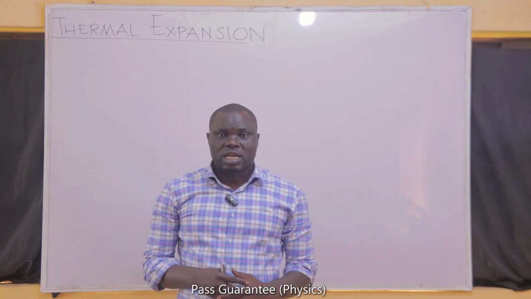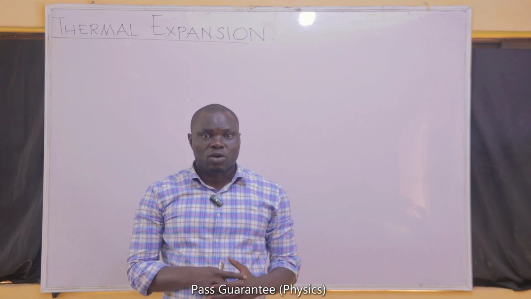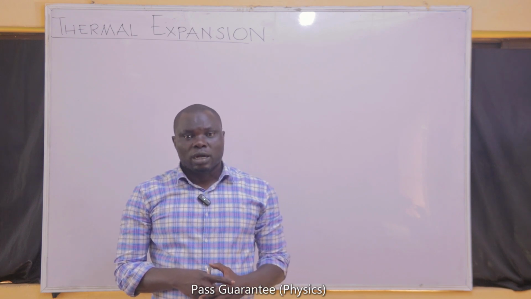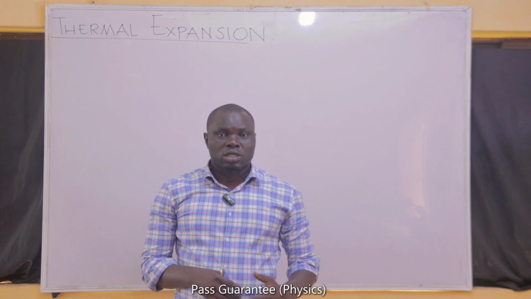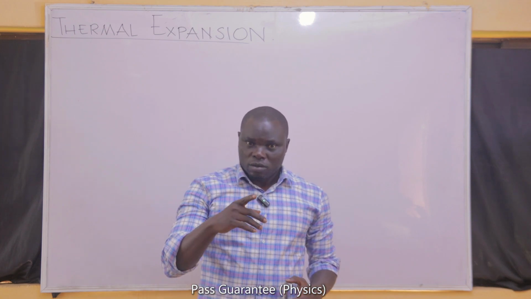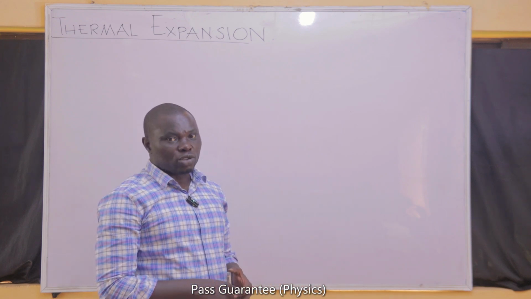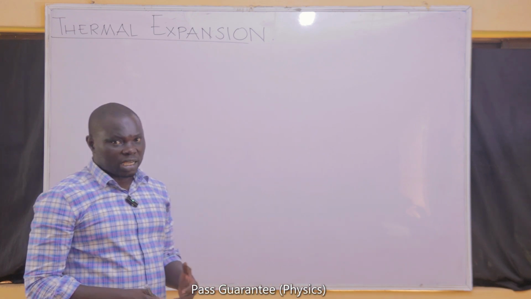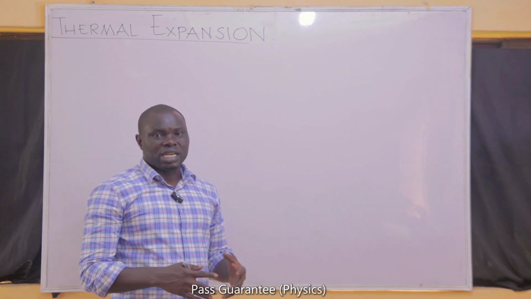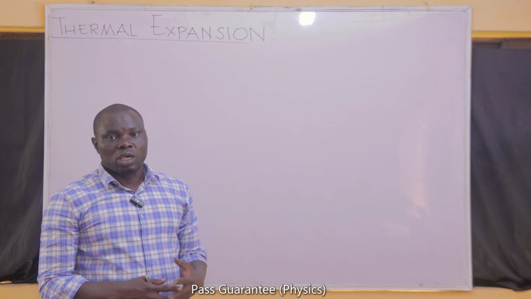Most importantly, it can increase the temperature of an object, it can cause a change in state of an object, and it can also cause what we call thermionic emission. It can cause change in physical and chemical properties of the substance. But one very important thing that it can also cause is that for most materials, it can cause expansion. That means it can make the size of the material increase.